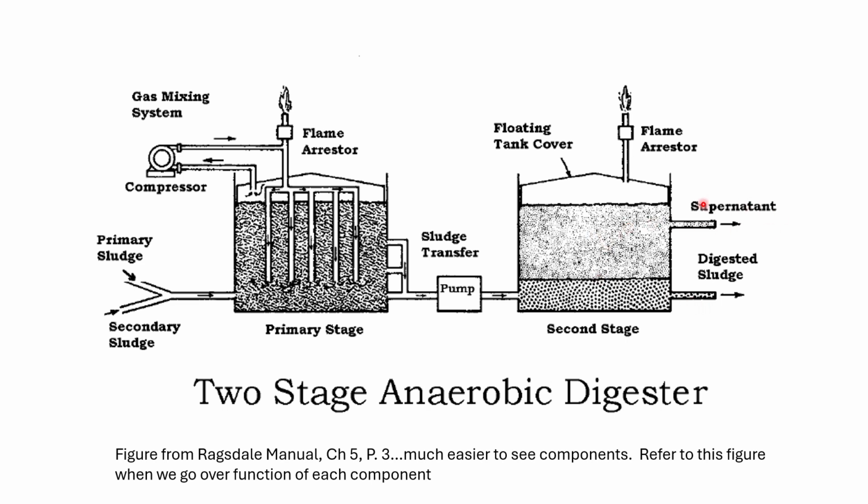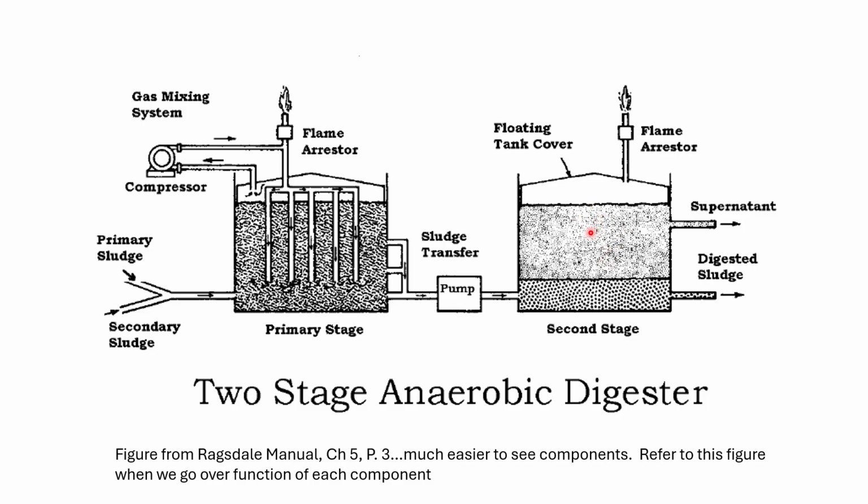And the supernatant, that's basically the freed up water. It's still not clean water. It's nothing you're going to want to drink, but the supernatant, we're going to send off into an oxidation ditch or an aeration basin before it goes to the secondary clarifier, okay? So that's the supernatant, and we've got a floating tank cover here.